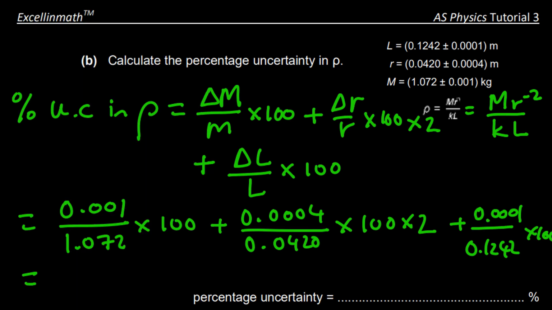So 2.078. These absolute uncertainties that we used in this calculation are with one significant figure. So our answer then will also be given with one significant figure. So it's going to be 2%.